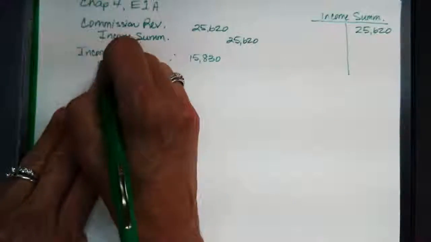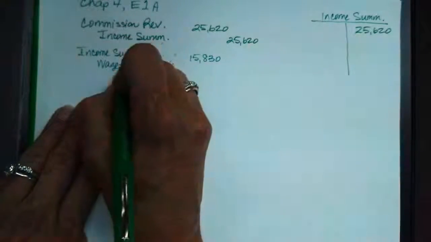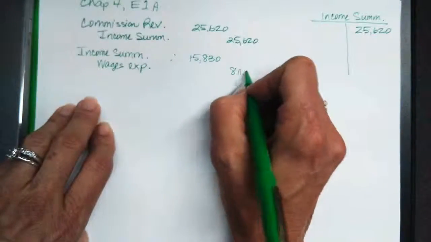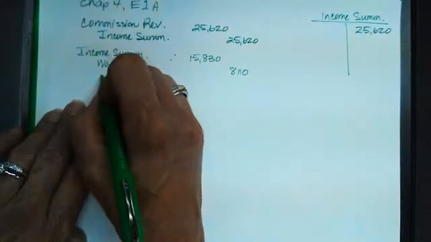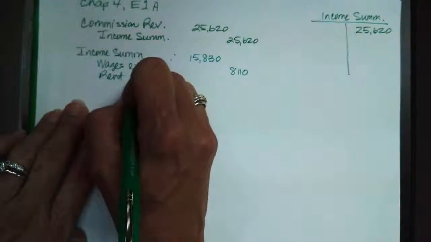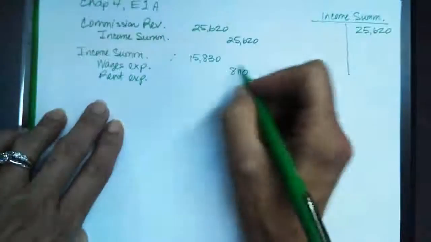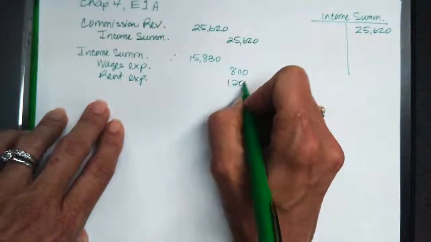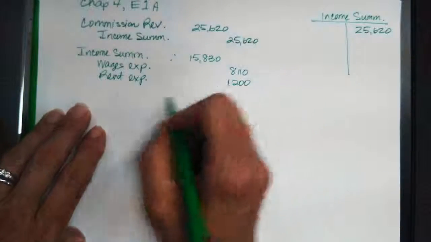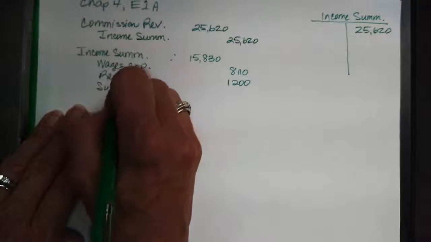And then I'm going to credit wages expense. I'm going to credit rent expense. Credit supplies expense.